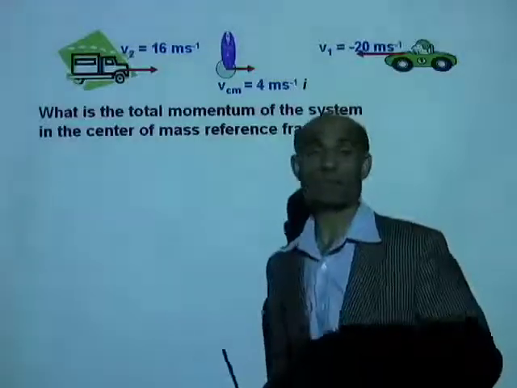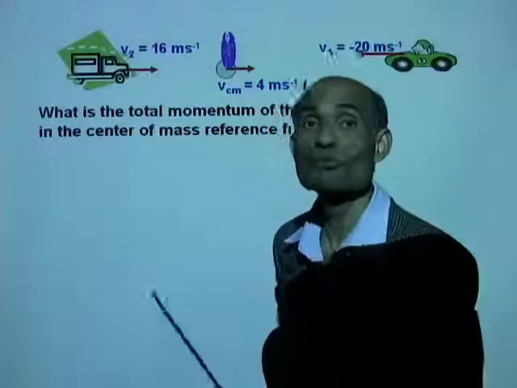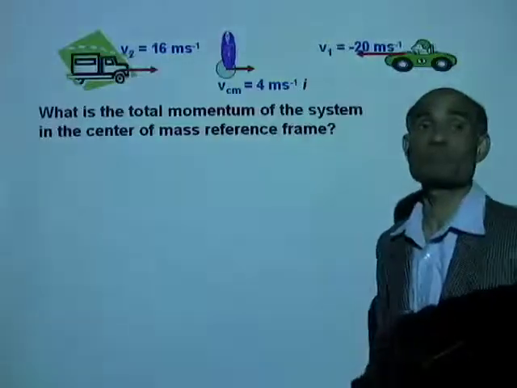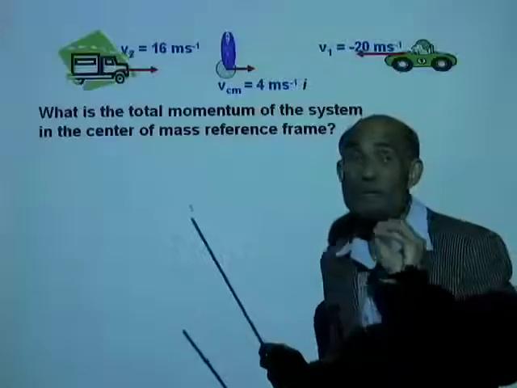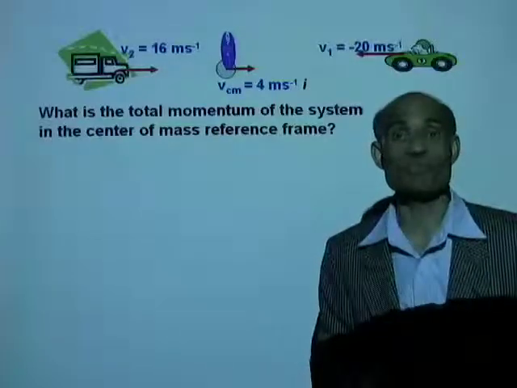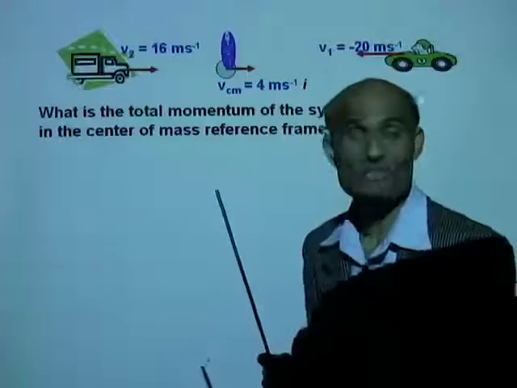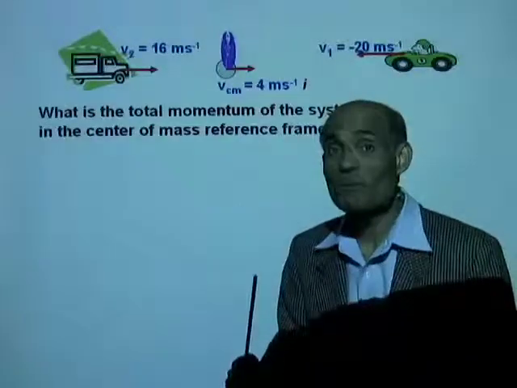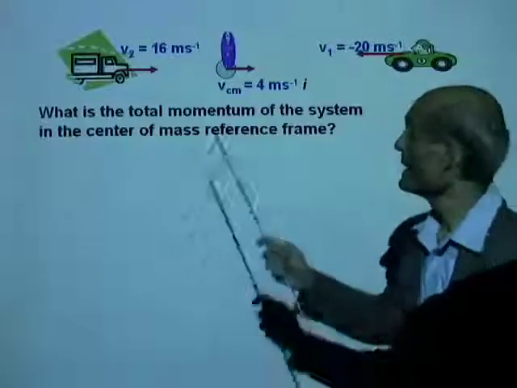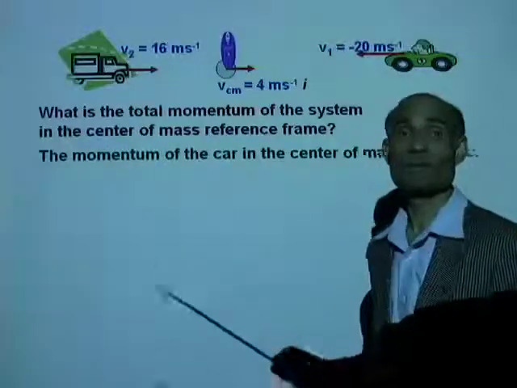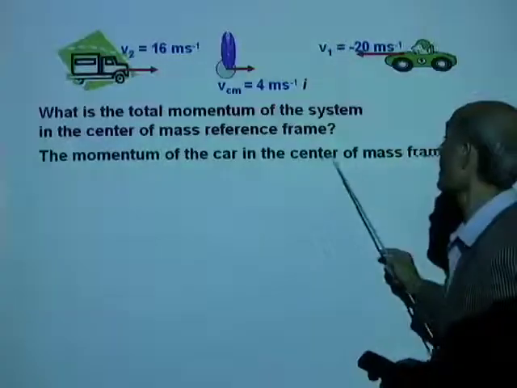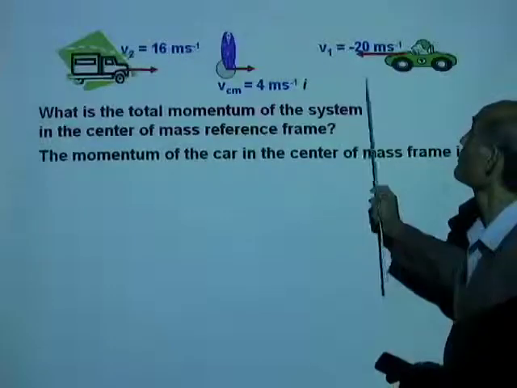Now tell me, what is the total momentum of the system measured from the center of mass reference frame? Let's calculate the total momentum. The momentum of the car in the center of mass reference frame.